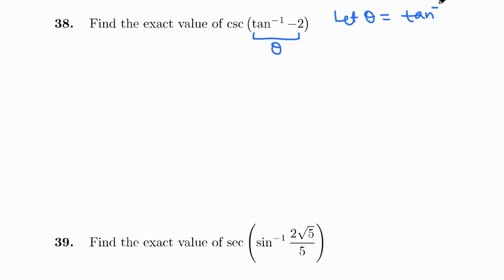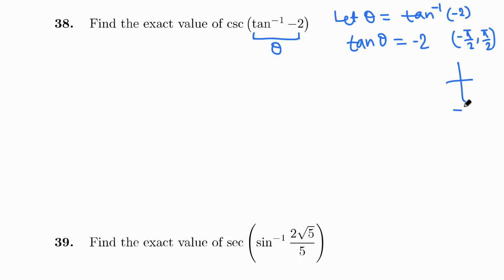tangent inverse of -2. That means when we take tangent both sides, we get tangent of theta will be -2, and this theta, the range for this one is always in between -pi/2 to pi/2. That means this tangent theta should be either in first quadrant or fourth quadrant.